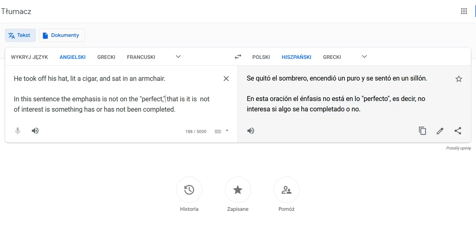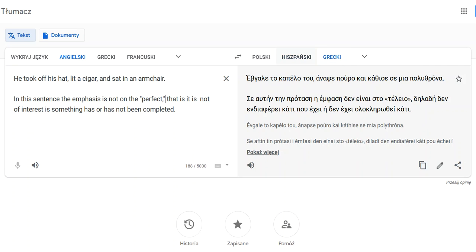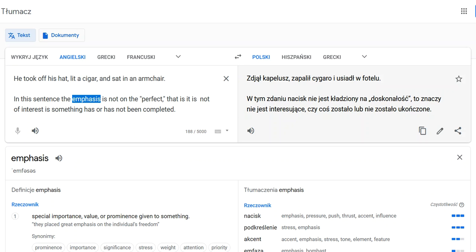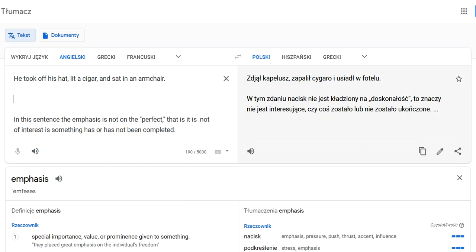And take a look at the Spanish and Polish. Spanish and Greek. So a key word is emphasis, okay? This is key, emphasis. What's the emphasis here?